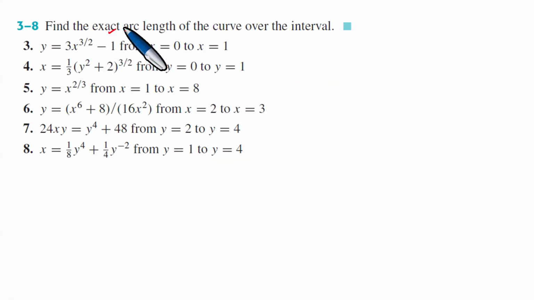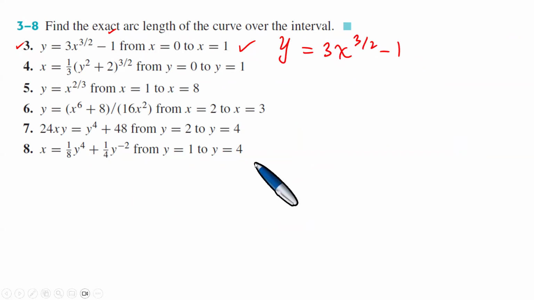Find the exact arc length of the curve over the interval. This one is from 0 to 1. So now, if you're dealing with this one, number 3, y equals 3x to the power 3 out of 2 minus 1. Let's find the derivative.